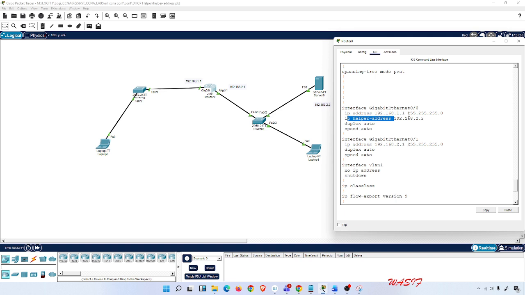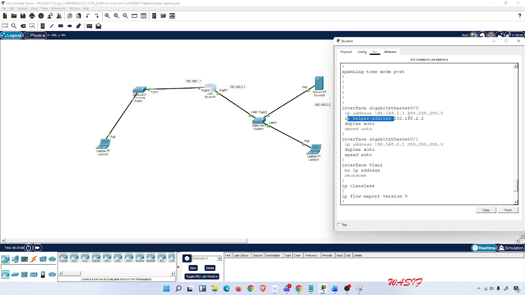I configured DHCP on the server, so those commands will give me nothing. Had you configured the DHCP pool on the router, you could have used those commands as well.